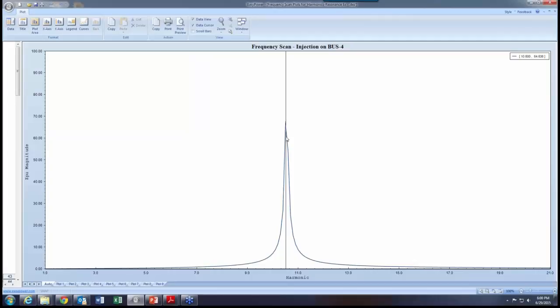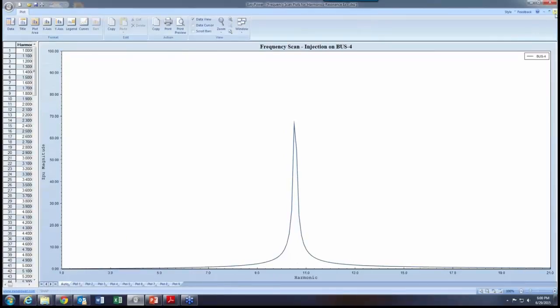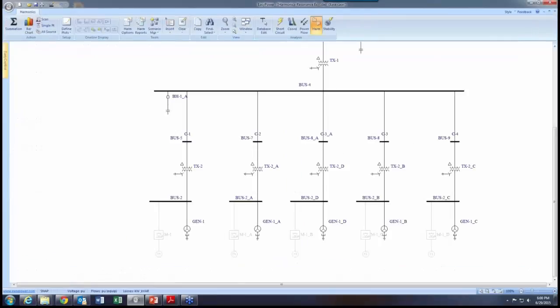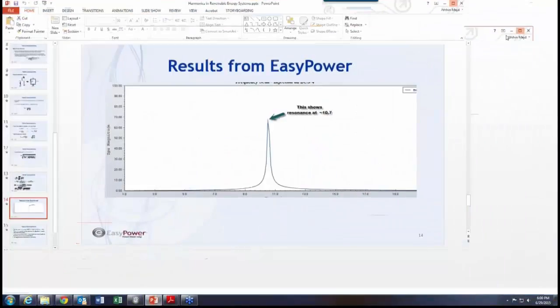That's what we got before. So I'm gonna here, or actually in fact you can see the values from here, and close it, and go back to my presentation.